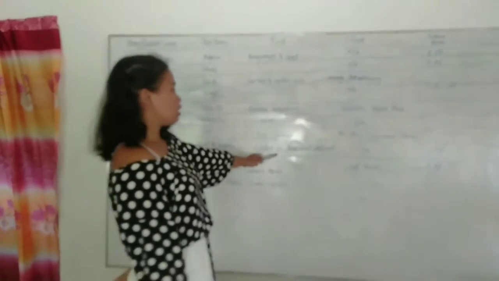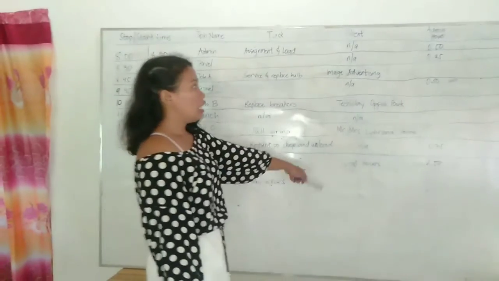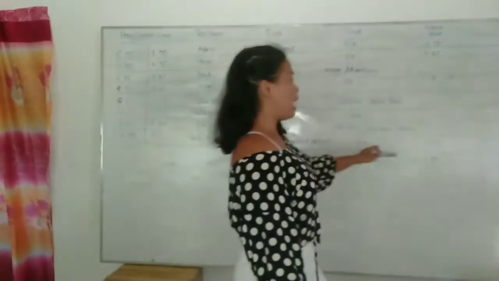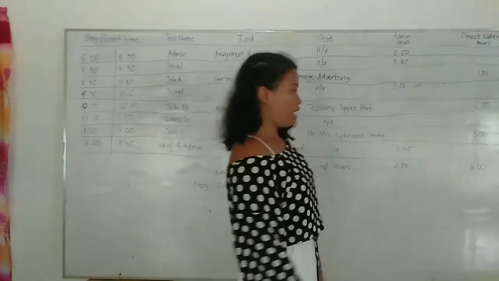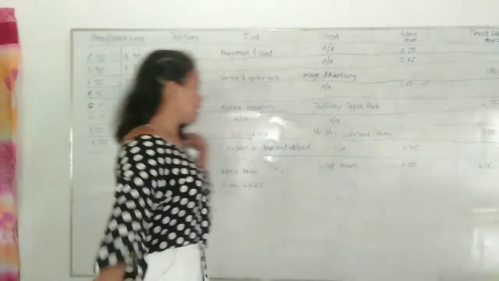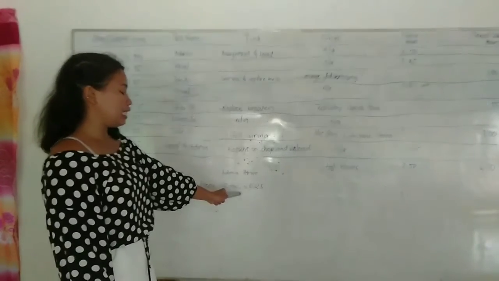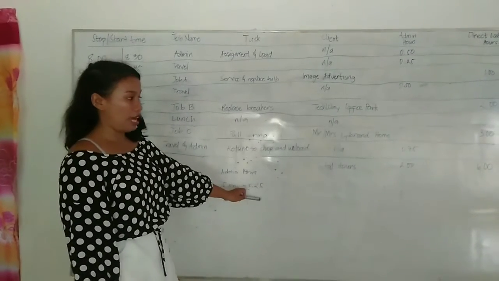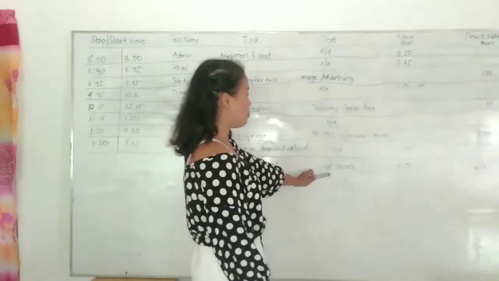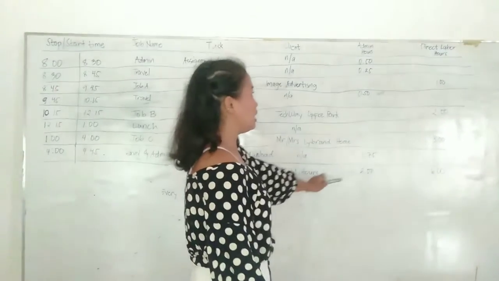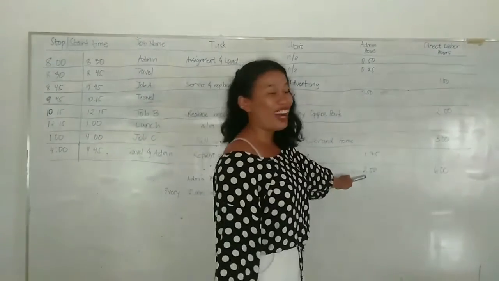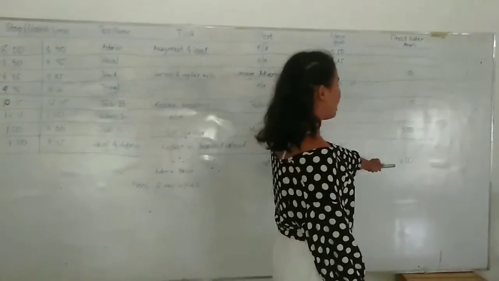Task, return to shop and unload. Client, none. Admin hours, 0.75. And every 15 minutes in admin hours is equal to 0.25. The total admin hours is 2 hours and direct labor hours is 6 hours.